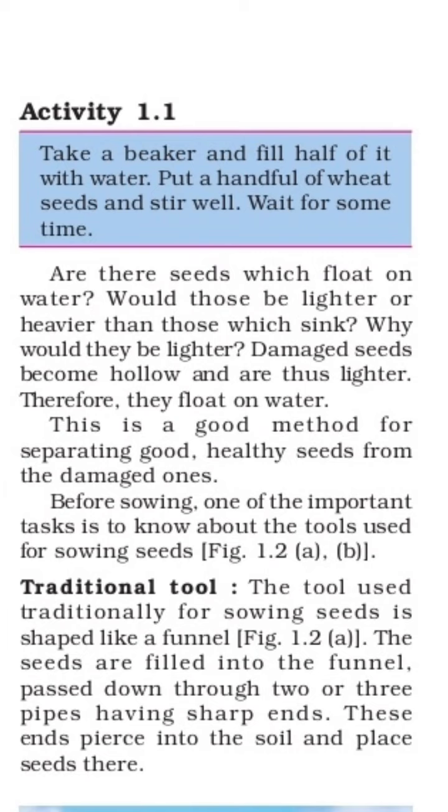The seeds are filled into the funnel and passed on through 2 or 3 pipes having sharp ends, and these ends pierce into the soil and place seeds there. So this has funnel-like structures and 2 to 3 pipes having sharp ends.